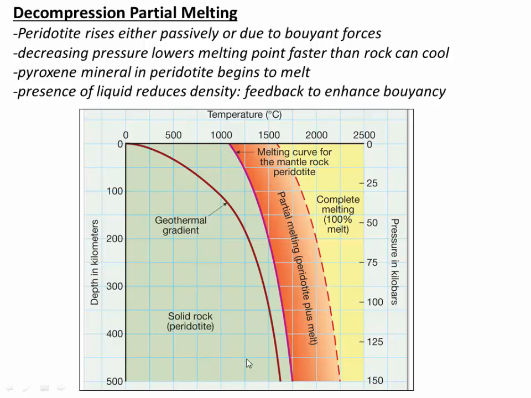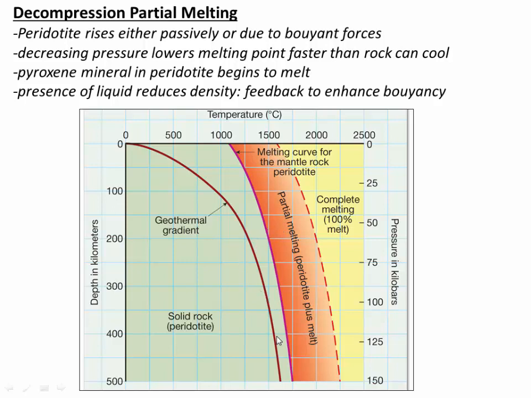So if a peridotite comes to the surface slowly, it would follow this geothermal gradient, and it would never actually get hot enough at a given pressure to cross this melting line.